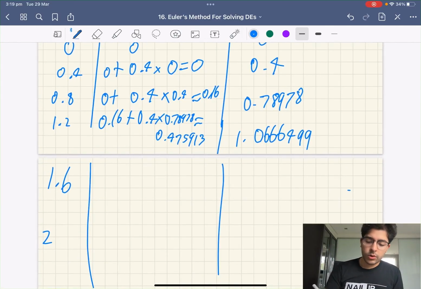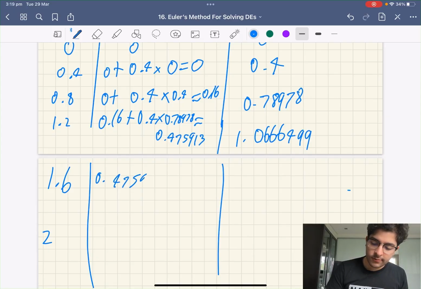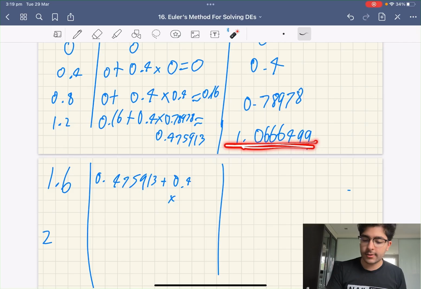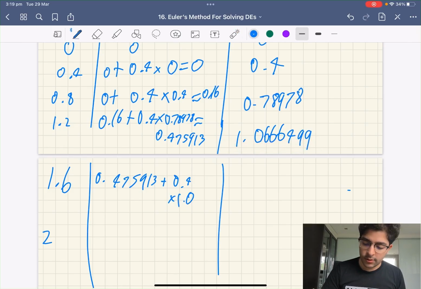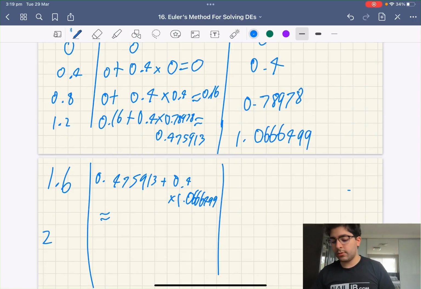Now, the next y coordinate is going to be the previous one, 0.475913, plus the step size, 0.4, times the previous dy on dx. As you can see, these numbers are not pretty at all, and that's okay. That's just what you have to do.